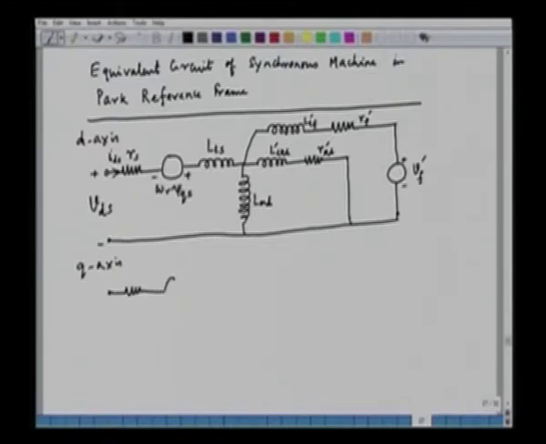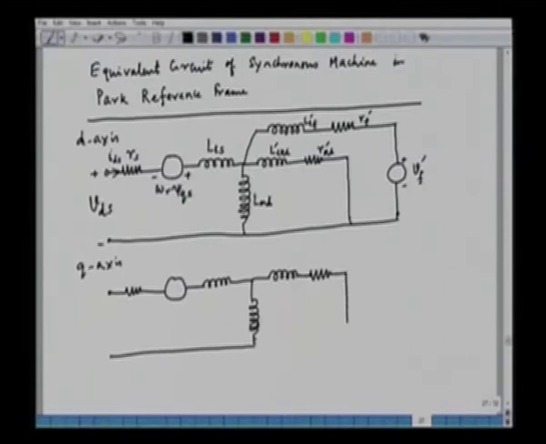Resistance, the back EMF in the Q axis, the leakage inductance, the magnetizing inductance in the Q axis, and then we will have the rotor, and the rotor is the damper winding only. So this is our Q axis equivalent circuit.